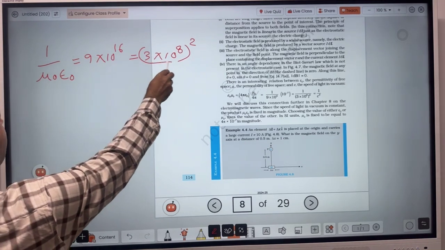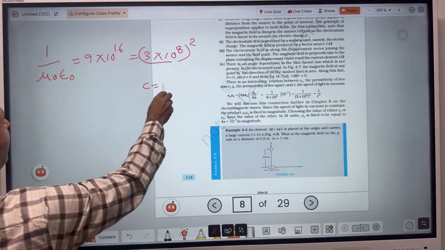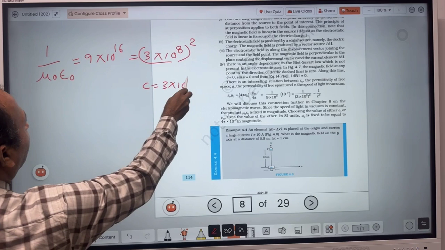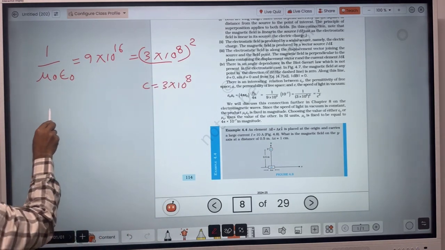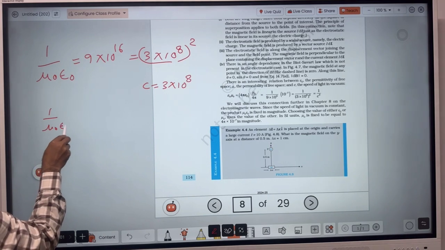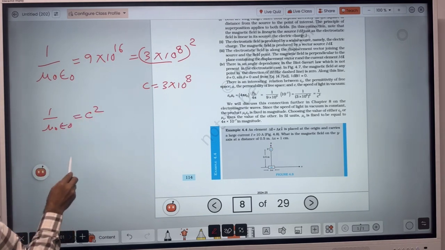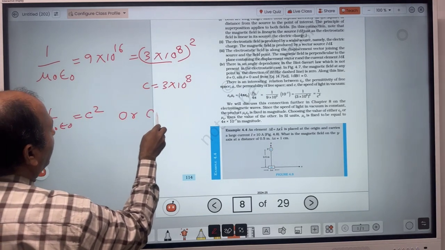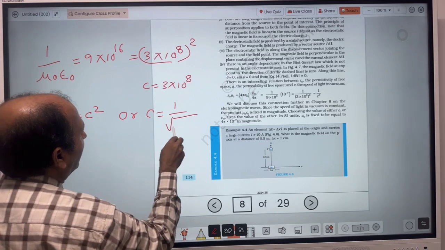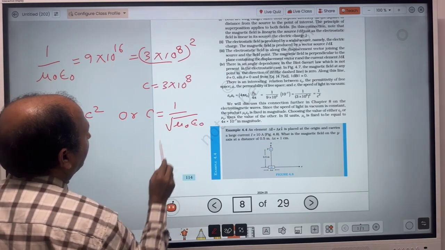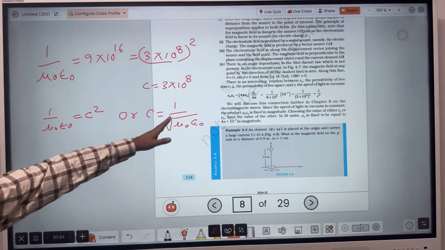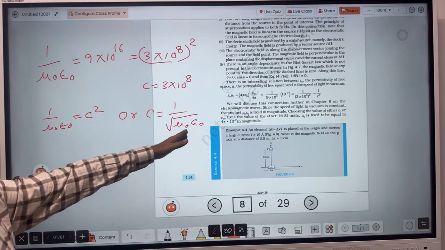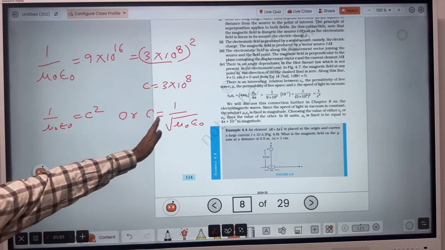Now, if you remember, this is c, the speed of light in vacuum, 3 into 10 to the power 8. So here 1 upon mu naught epsilon naught equal to c square, or c equal to 1 upon root of mu naught epsilon naught. So you can say the speed of light is equal to 1 upon the square root of mu naught epsilon naught.